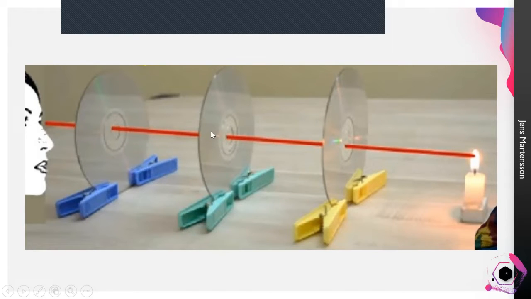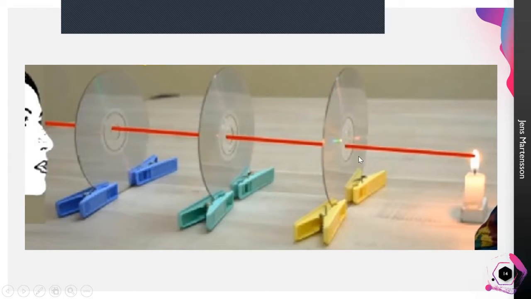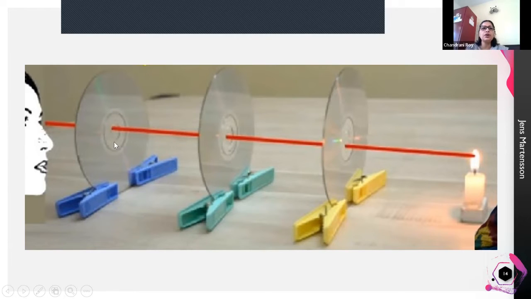And we will be able to see the candle only when the holes are aligned in a single straight line. So we can ask the children to move CD number 1, 2, and 3 and see whether they are able to see the candle or not.